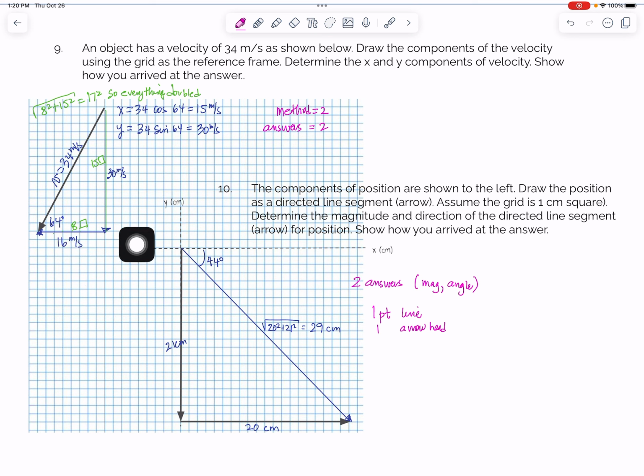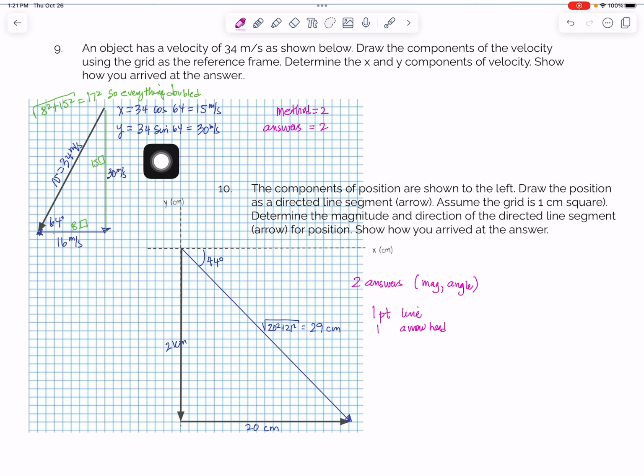For the methods, you could either count the number of squares and realize that this was 15, this was 8. This was 34. If you did Pythagorean theorem, you would find that the hypotenuse should be 17. 34 is twice 17, so everything should be doubled in order to get velocities.